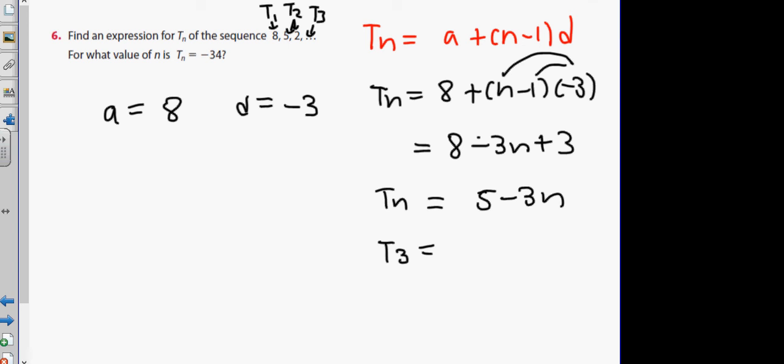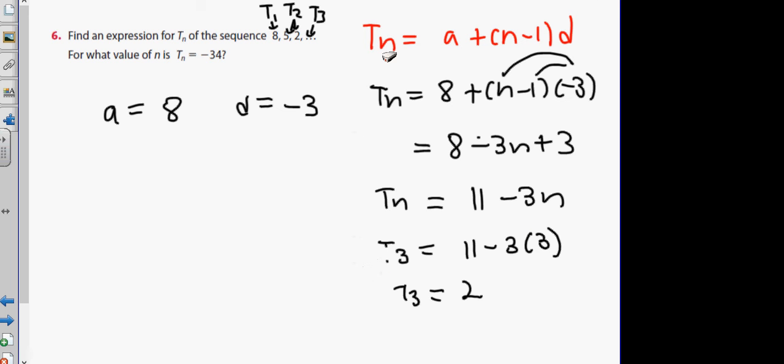Excuse me, I was just looking at that. It didn't work. That's why you check your answer. If the answer doesn't work, you made a mistake. Sorry, 8 plus 3 is 11. So it's going to be 11 minus 3 times 3. Is T3 equal to 2? It is, because 11 minus 9 is 2. We have the correct formula.